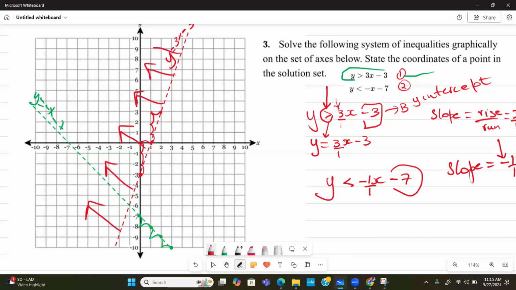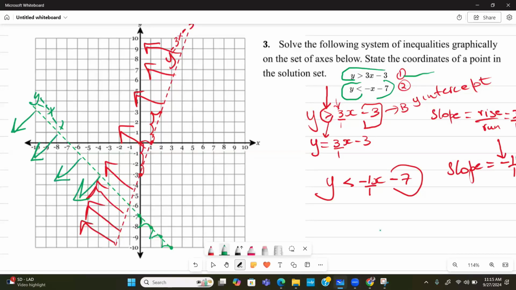So the solutions are above the line for that one because it says y is greater than. So my solutions are above that line, heading that way. Let's take a look at the other case, which is number two, this one. It says y is less than. So if it says y is less than, that means my solutions are pointing downward, going this way.